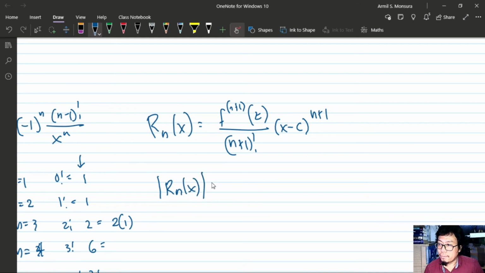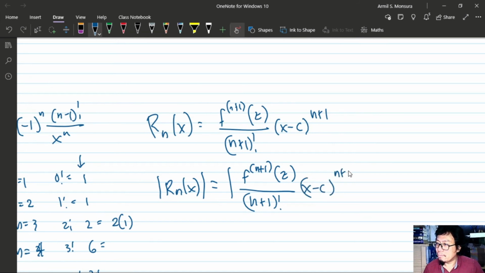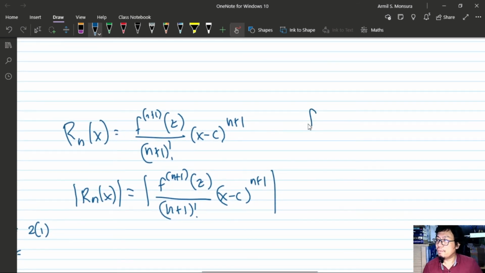And the error is its absolute value. I'm getting the error because what was given in the problem was the error. So this is the absolute value of the n plus 1 derivative of f at z over n plus 1 factorial multiplied by x minus c raised to n plus 1. Now, let's work on what we know so far. Our f of x is ln of x.